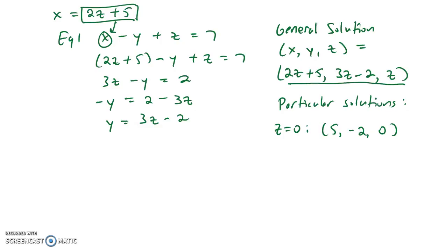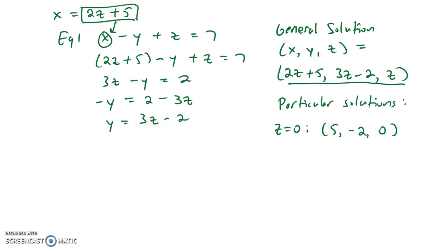So 5, negative 2, 0 should satisfy the original system of equations. That is, it should be a solution of all three of those equations simultaneously. So that's one possible solution, but see, there really are an infinite number of possibilities because I can choose really any real number value for z and obtain a different particular solution.